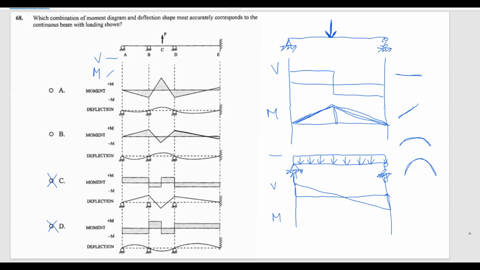Also, this is plus and this is negative, the sign. If I follow the same positions for plus and negative, I'm going to get the moment diagram parabolic this way.